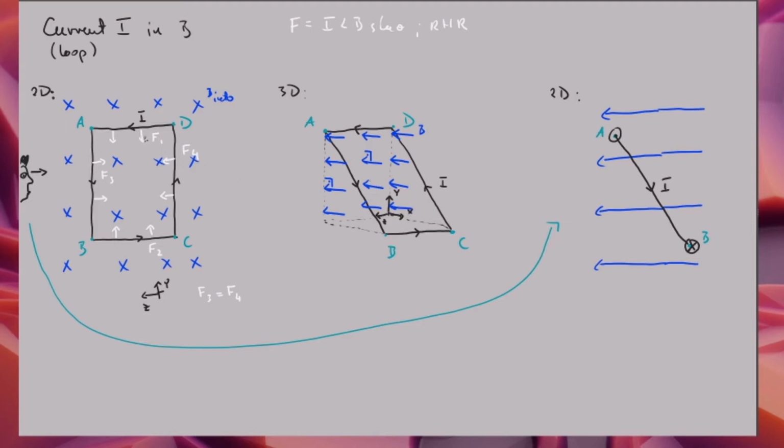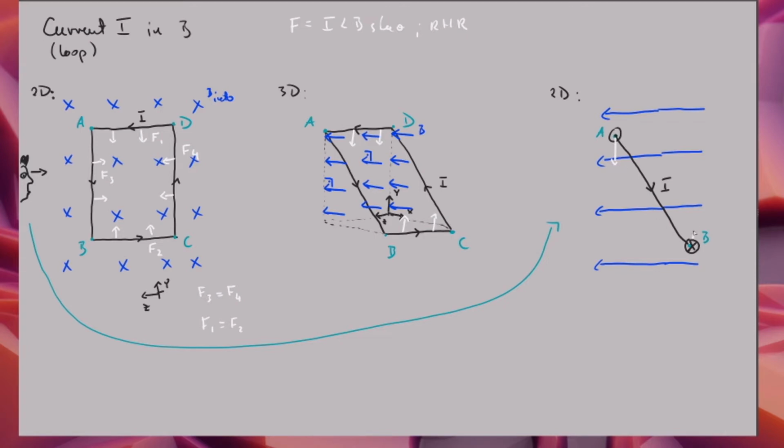But when you look at F1 and F2, it's true that F1 will equal F2 in magnitude, and they will point in opposite directions. But let's look at the three-dimensional picture here. The force on the top is going to point straight down.